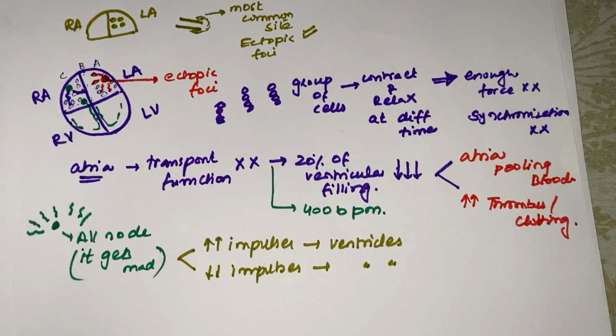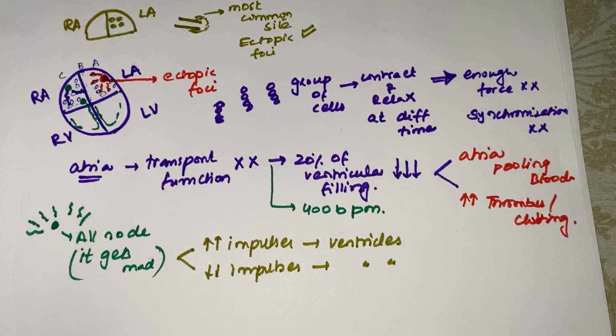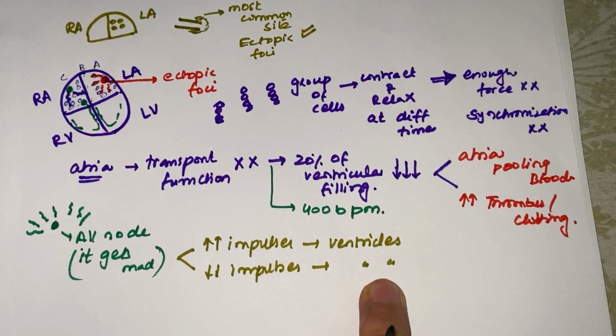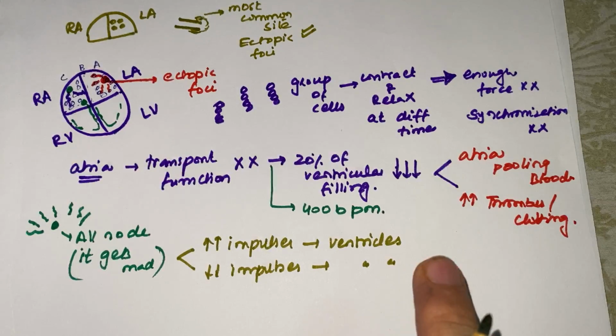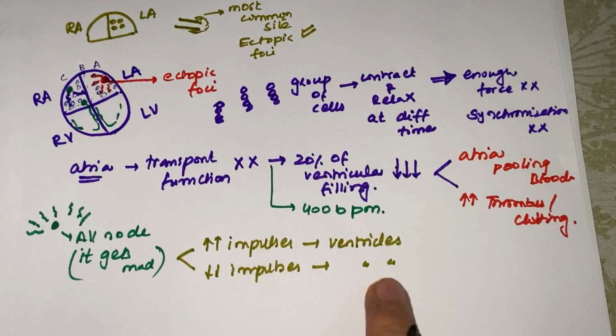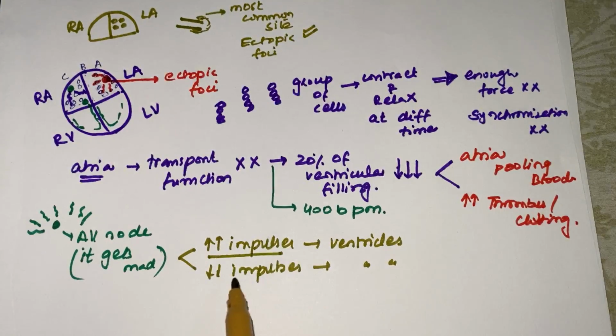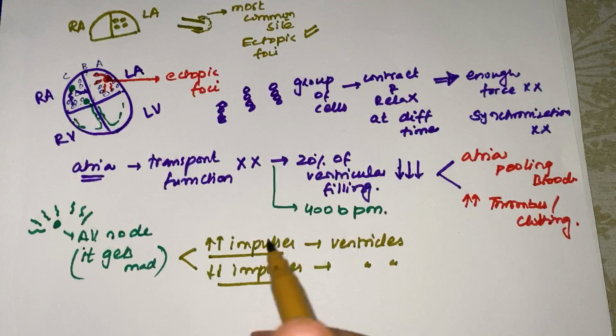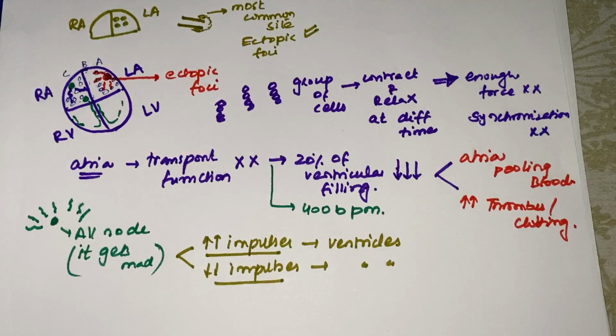Now the ventricles, because of this problem, are not receiving impulses at a normal rhythm. Resultantly, the wave of the QRS complex that will appear on the ECG will be abnormal. Of course, sometimes it is contracting more, sometimes it is contracting less, because this AV node has now gone mad. It is receiving impulses from a lot of directions and is sending impulses at an abnormal rhythm to the ventricles.